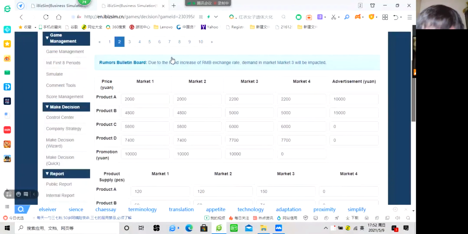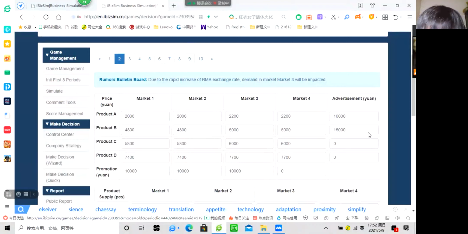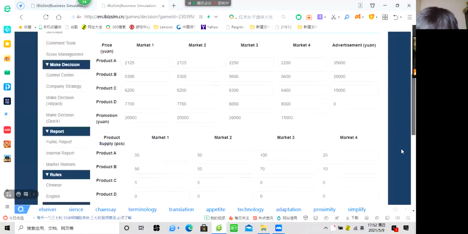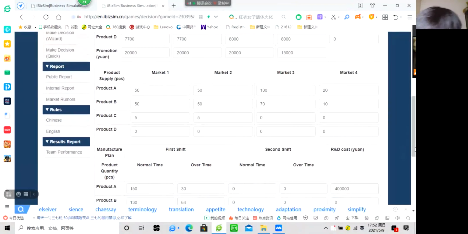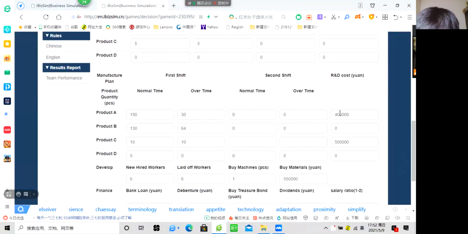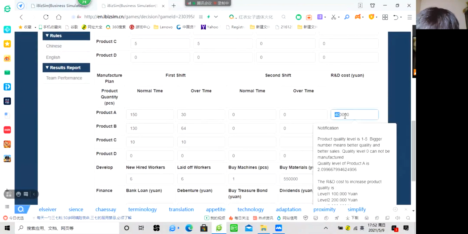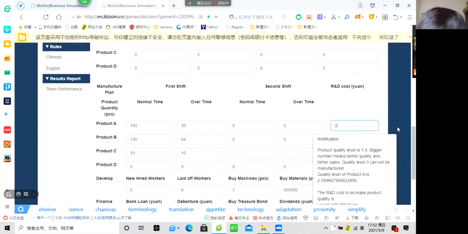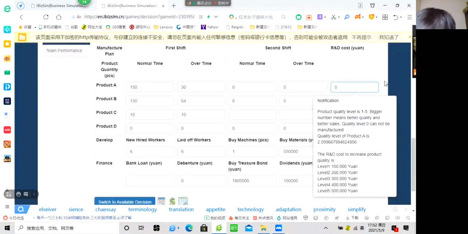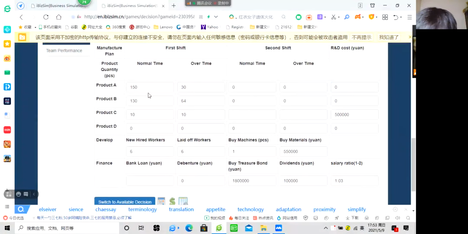But in my opinion, if you paid nothing, if your R&D is still zero, product A and B can be produced, but the level is still level 1. That means 5% bad products will be produced.